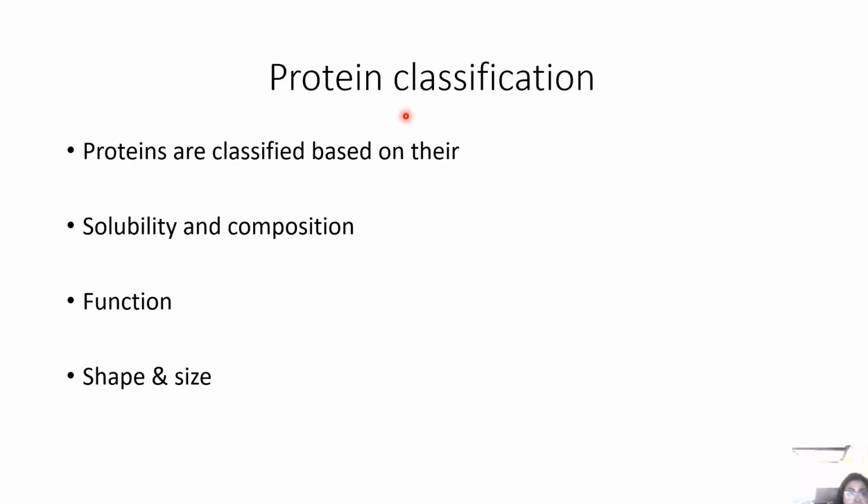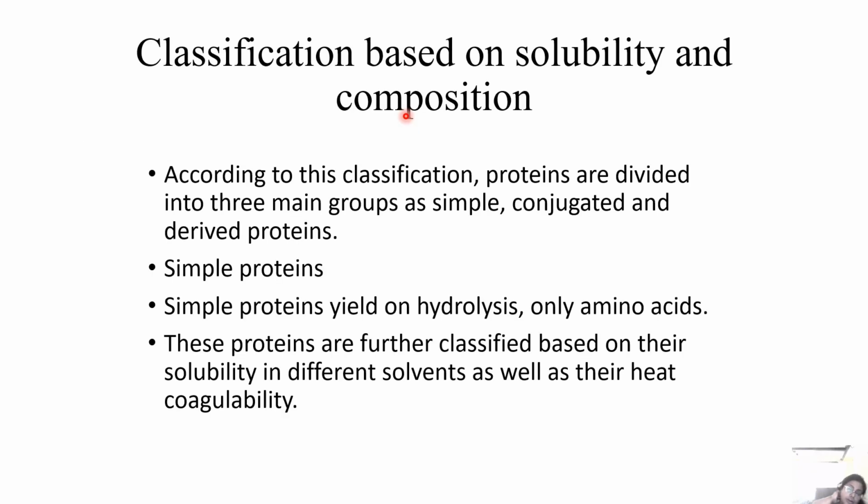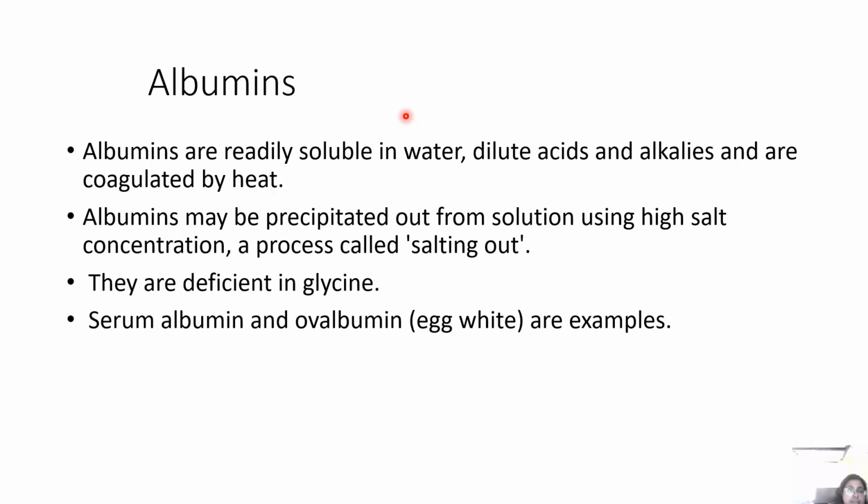Proteins can be classified based on solubility and composition, function, shape and size. According to this classification, proteins are divided into three main groups: simple, conjugated, and derived proteins. Simple proteins yield only amino acids on hydrolysis. These proteins are further classified based on solubility in different solvents as well as their heat coagulability.